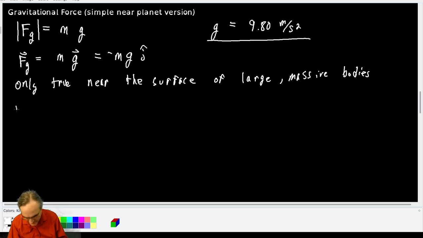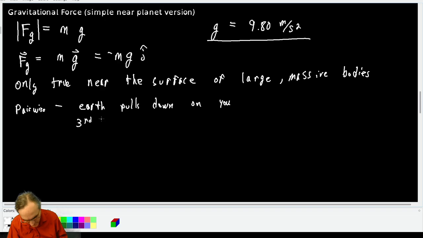It's a pairwise thing. So the Earth pulls down on you, and by third law, you pull up on the Earth.